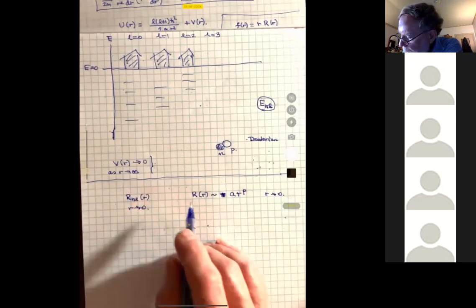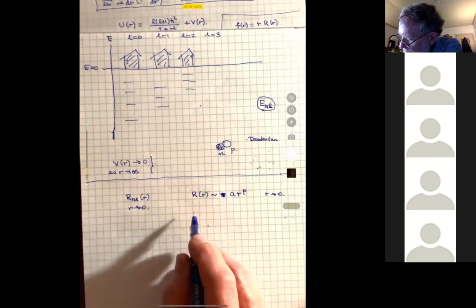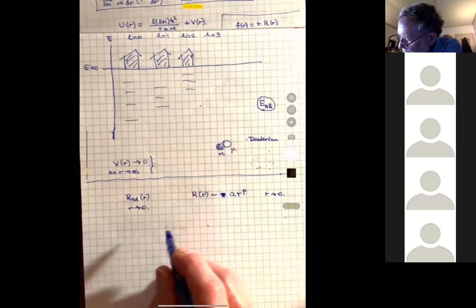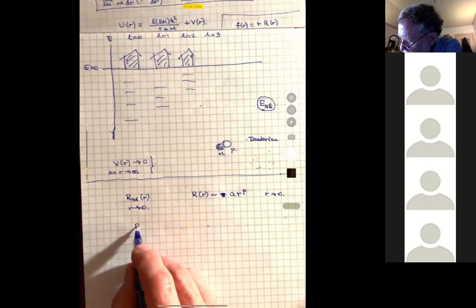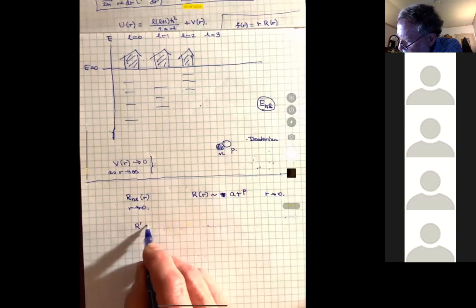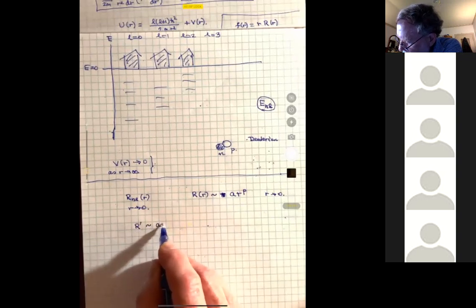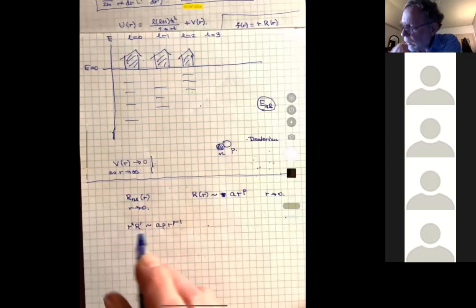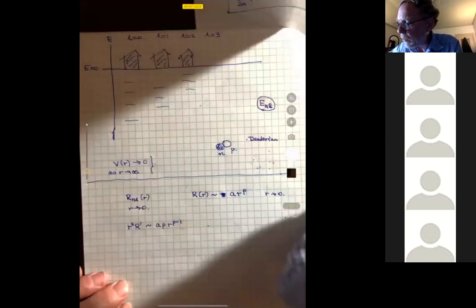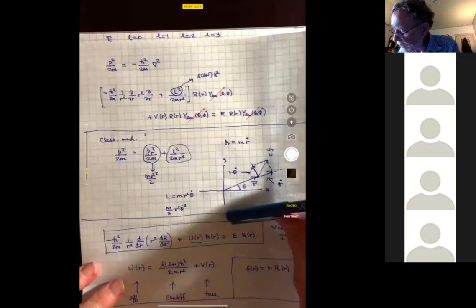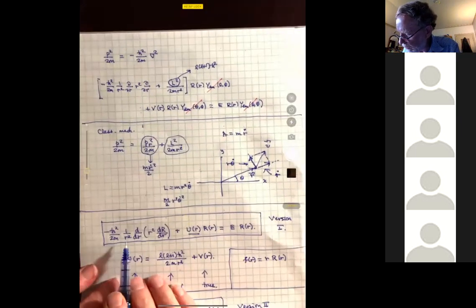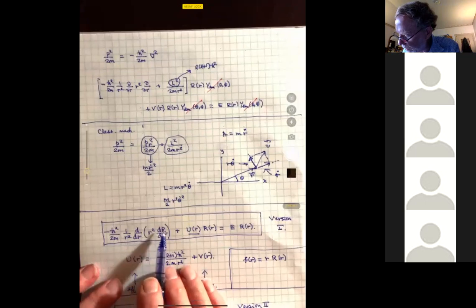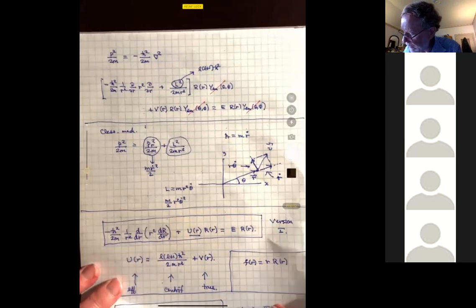If we plug this into the Schrodinger equation, let's work out first of all the radial component of the kinetic energy. We first have to compute R prime, and that goes as A times p times r to the p minus 1. If I multiply by r squared, what I'm really doing is marching through this operator, which appears right here in the radial Schrodinger equation, 1 over r squared d/dr, r squared d/dr.